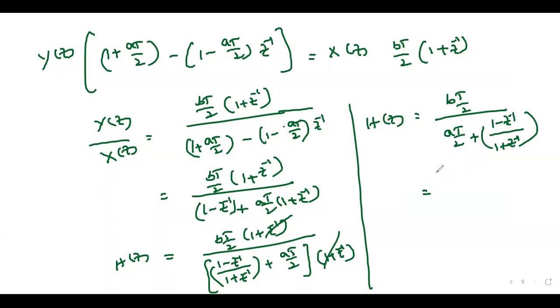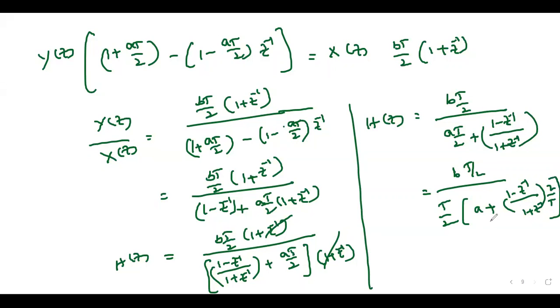Then T by 2 you can take common. Now T by 2 you can cancel it. So bT by 2 divided by, T by 2 we will take common. So it will be written like a plus 1 minus z inverse by 1 plus z inverse into 2 by T we should write here to cancel it. So this is cancelled.